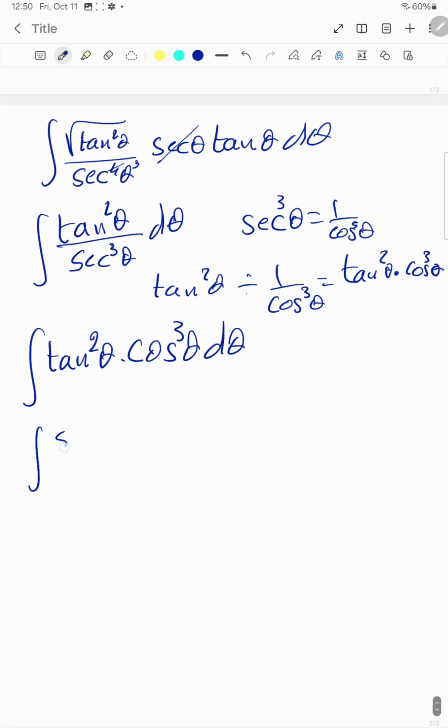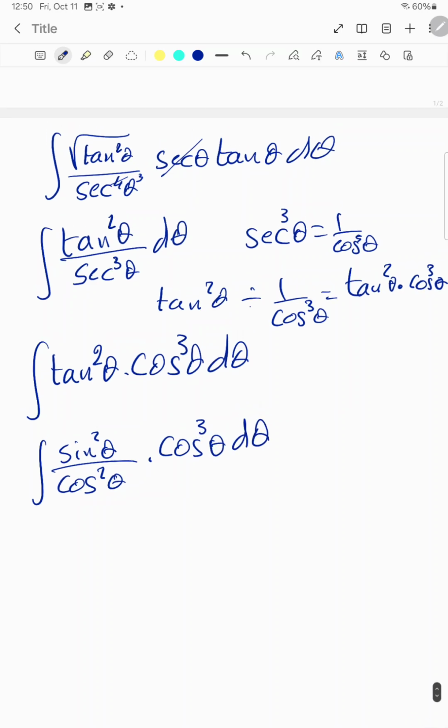So my integral becomes sine squared of theta divided by cosine squared of theta multiplied by cosine to the power of 3 theta d theta. Again, I can simplify cosine squared of theta by cosine to the power of 3 theta. I would have cosine of theta. So my integral becomes sine squared of theta cosine of theta d theta.